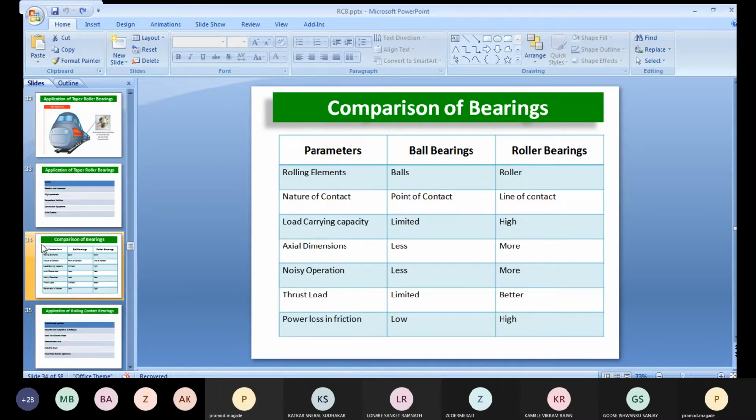So make 3 columns. First one is parameters. Second one will be the ball bearing. And third one is the roller bearing. So here is the difference. First parameter, you can write rolling element, means motion transmitting element, rolling element.